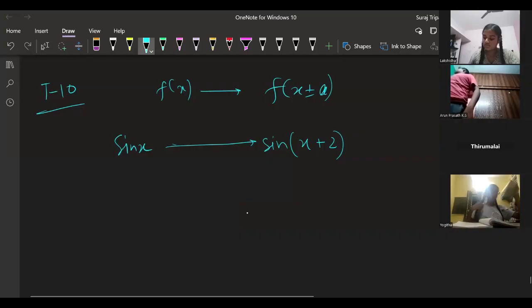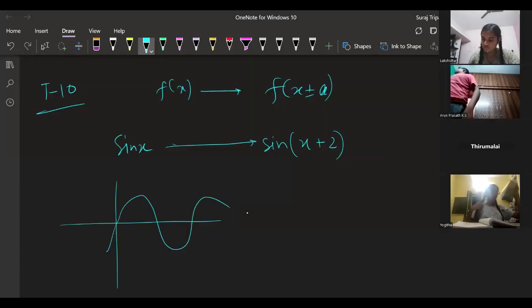The graph of sin x is this one. Now here, if I put x equals 0, then we will get sin 0, which is equal to 0.